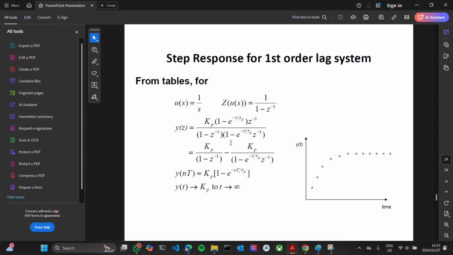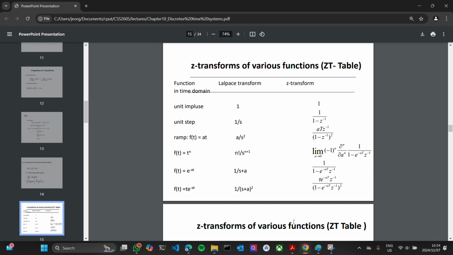Multiply that out. Then split it up. That looks like partial fractions again. But yeah, you get the point. Then you can take it back to the discrete time domain using your table.